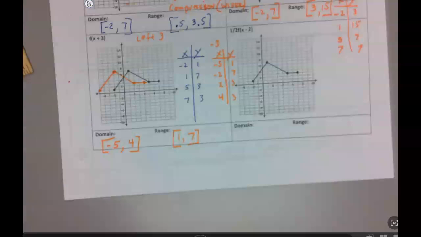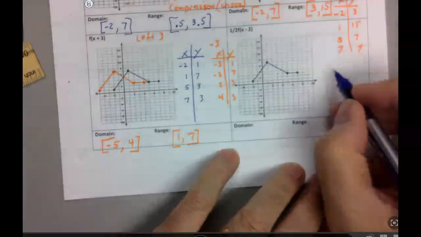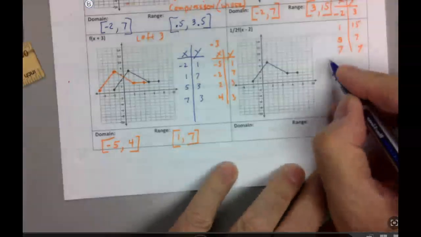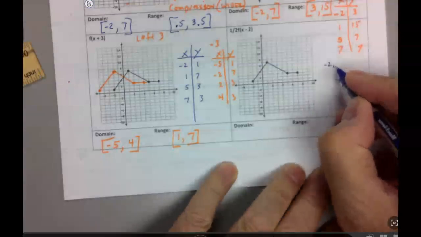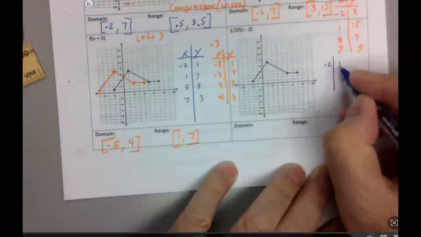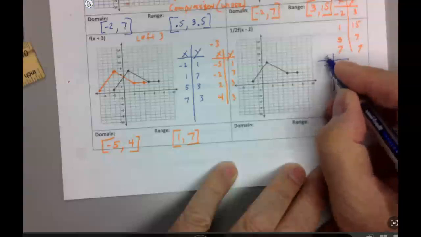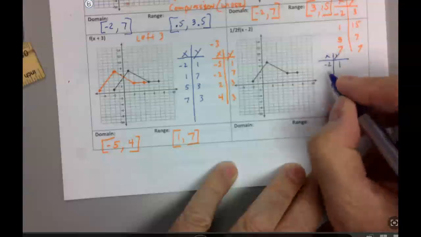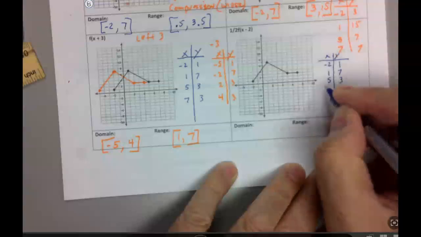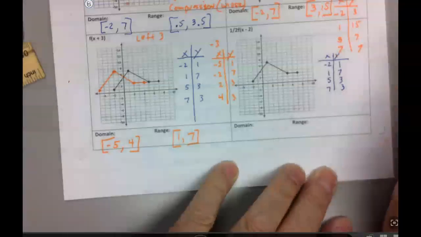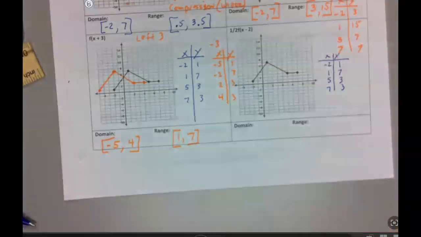Okay, let's do this one here. Negative 2, 1. 1, 7, 5, 3, 7, 3. Okay? Does everybody agree with me? This is a vertical compression and shifted right 2.